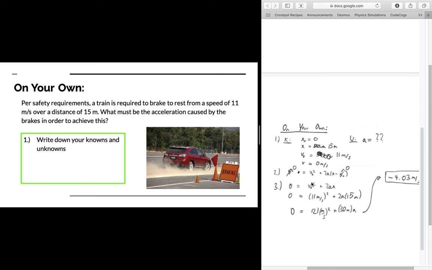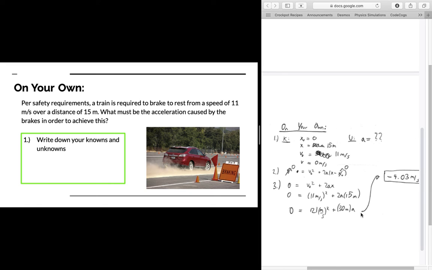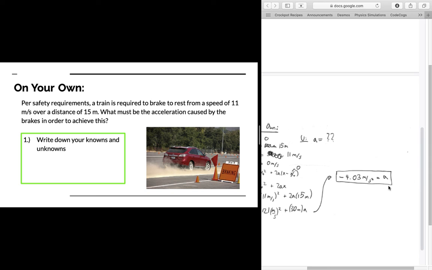So we end up with 0 equals v naught squared plus 2ax. We replace v naught with 11, so we get 11 squared plus 2a times 15. We replace x with 15, and that gives us 0 equals 121 plus 30 times a. Solving the resulting equation gives us a equals negative 4.03 meters per second squared.